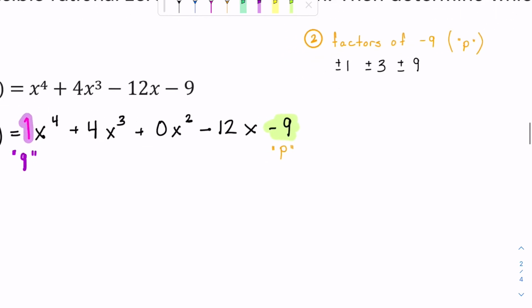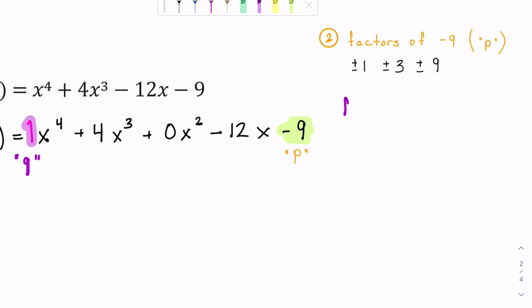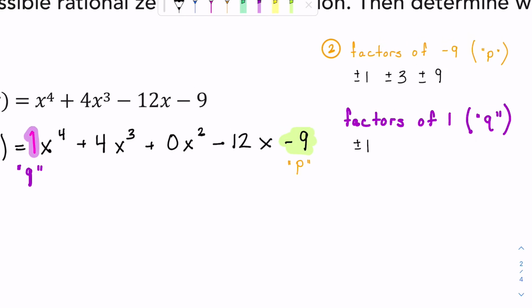Factors of 1, which is our q value, are going to be positive or negative 1, and that's it. So those are the only factors we have of the term q.